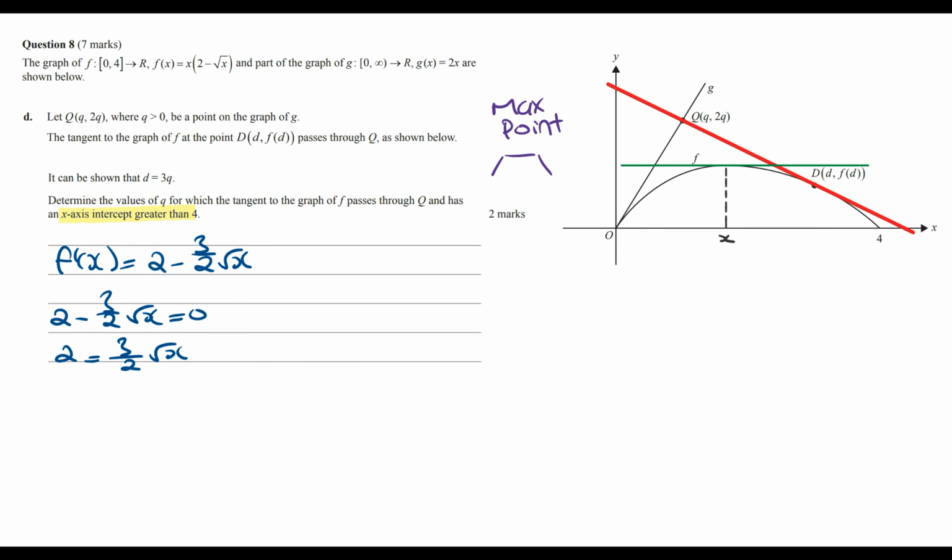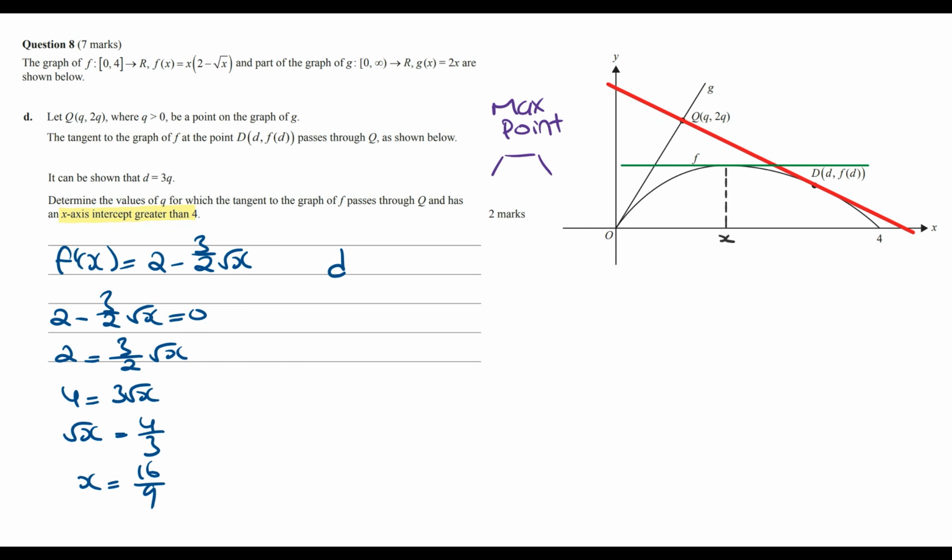Multiplying both sides by 2, we get 4 is equal to 3 root x. And so this means root x is equal to 4 on 3, and solving for x, this is going to be 16 on 9. And so the x-coordinate of the maximum point is 16 on 9.